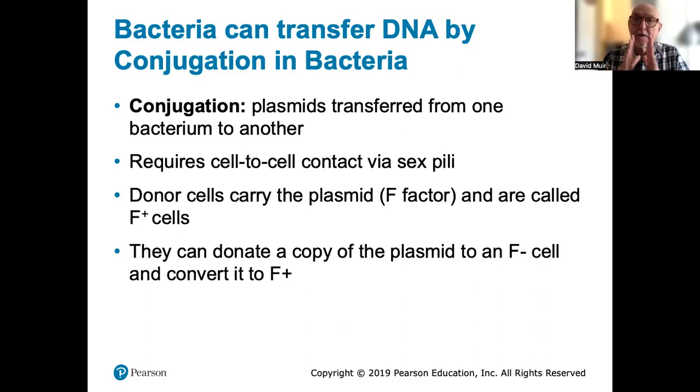And the cells which are able to construct that sex pilus and conjugate with another cell are called F plus. The plasmid itself is called the F factor, and the cells that have it are called F plus cells. And they can copy that plasmid and donate it to another cell, convert that cell to F plus, and that cell can then go on and conjugate with other cells.